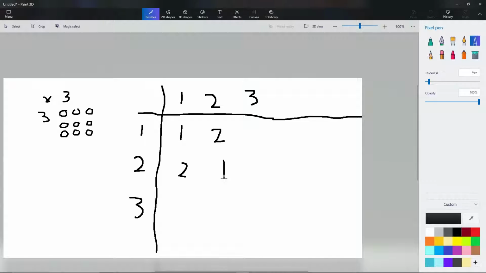And 2 times 2 will be 4. 3 times 1, 3. 3 times 2 is 6. 2 times 3 is 6. And 3 times 3 is 9. And it'll continue to go on until you reach 12.